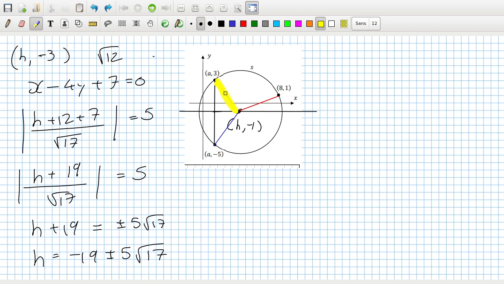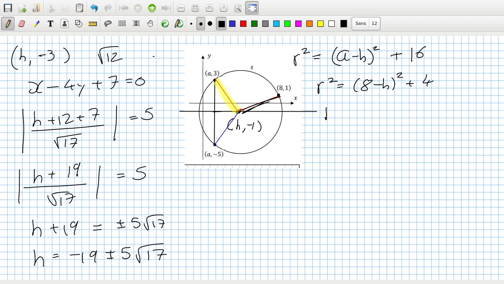All right, this distance here to the center, that's a minus h squared, the distance squared I should say, r squared equals a minus h squared plus 3 minus 1 squared. And then this one here, same idea, r squared equals 8 minus h squared plus 4.